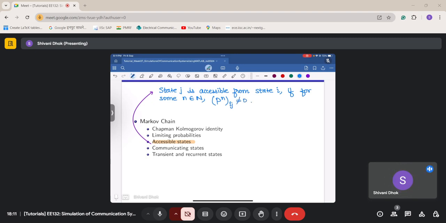This means there exists some time instant in which the probability of going from the ith state to the jth state is non-zero.